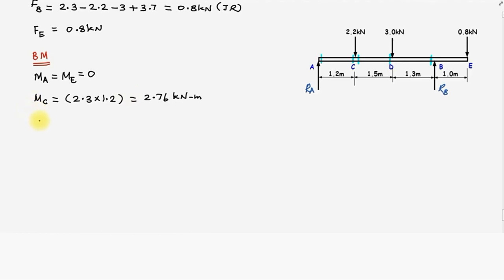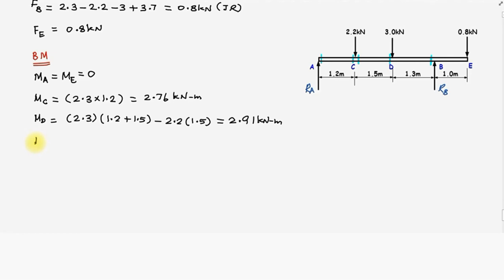Now coming to the point D. The bending moment at the point D, MD, is equal to this 2.3 kilonewtons multiplied with 1.2 meters plus 1.5 meters minus 2.2 kilonewtons multiplied with 1.5 meters. On calculation, we find that MD is equal to 2.91 kilonewton meter.